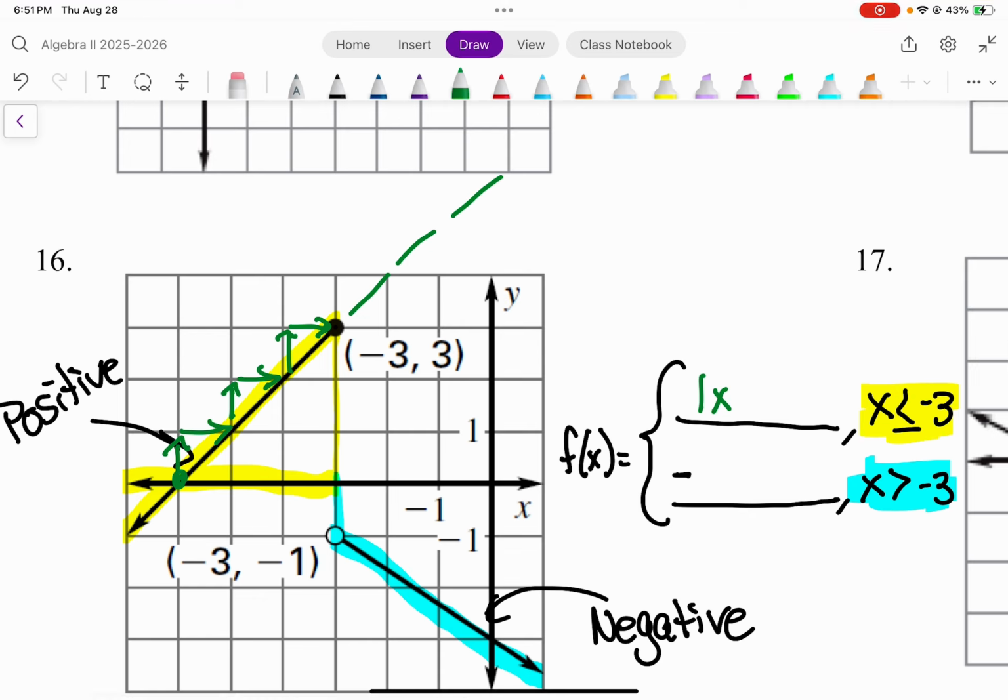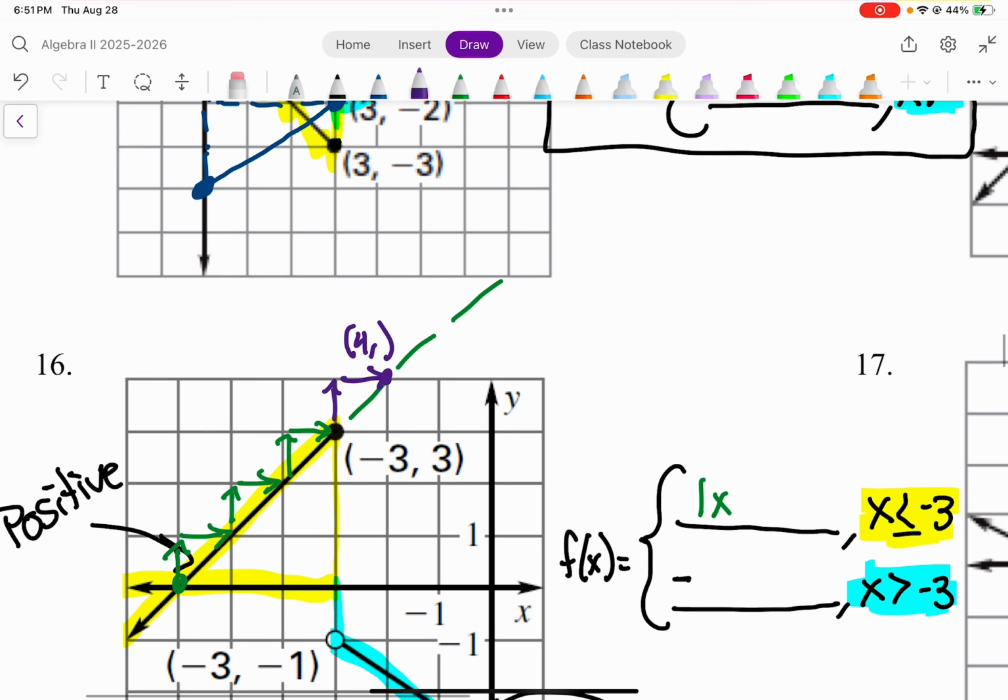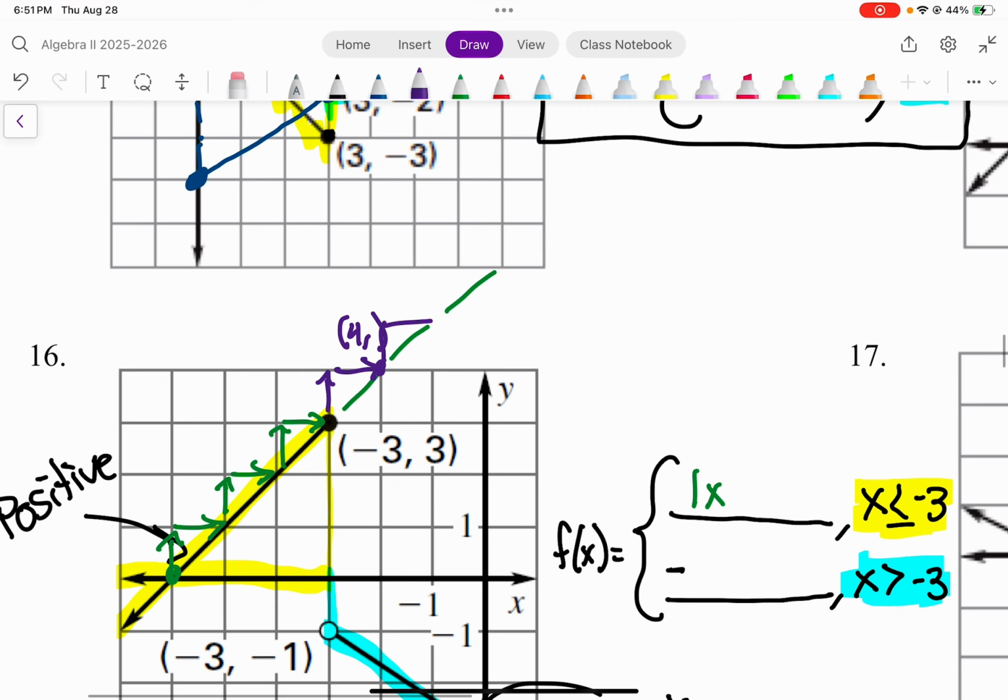So if we go up 1 over 1 here, we know the x value is 4. If we were to continue this pattern, the x value would be 5. And if we were to go up 1 more and over 1, that would bring us to the y-axis.